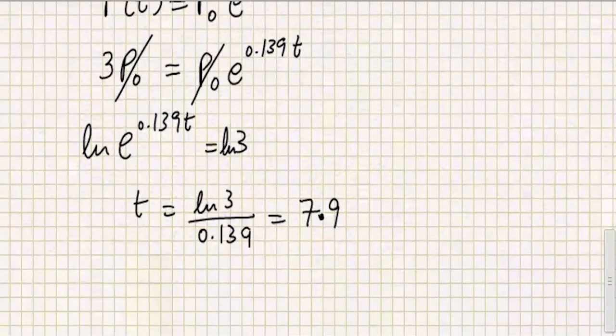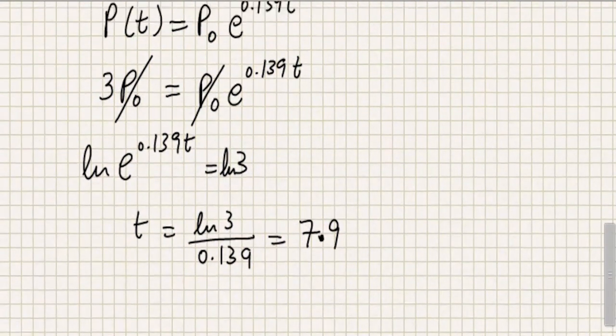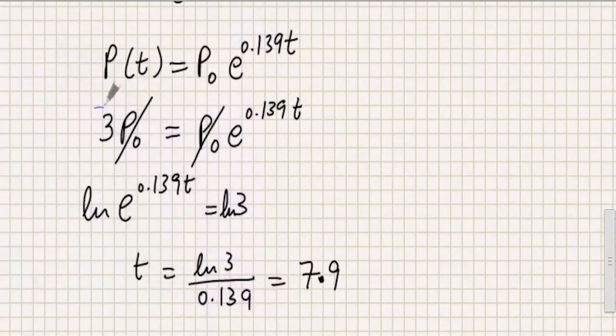The last part of this problem is how long will it take to quadruple. So we are going to repeat all of this for the value of 4P0. Instead of 3 we're going to write 4 now, and instead of 3 here it is also going to be 4, here it is also going to be 4, and the answer for the population to quadruple will be 9.97 years.